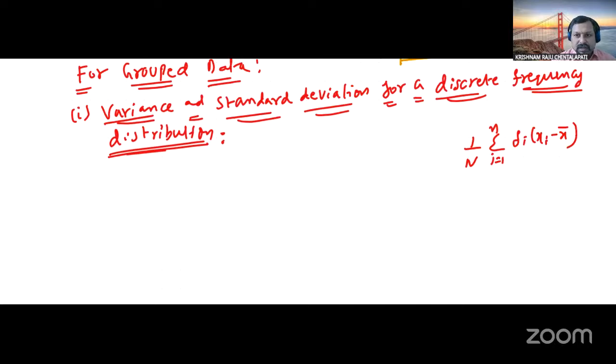Here also the same formula, but here keep the whole square. That's it. So this is the formula for variance in a discrete frequency distribution. So clear, everybody? The remaining matter is as it is. Just fi times xi minus x bar, keep whole square. That is what gives variance.